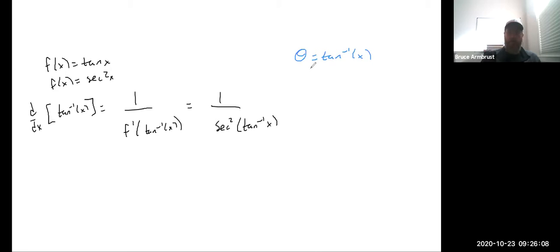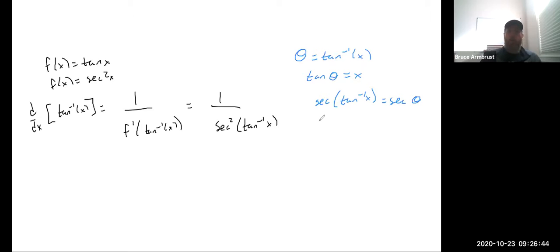So basically, this is the angle theta such that tangent of theta is equal to x. That's what inverse tangent of x does. And what we're doing down here is secant of inverse tangent, which in essence is secant of theta, because I'm just renaming that guy theta.